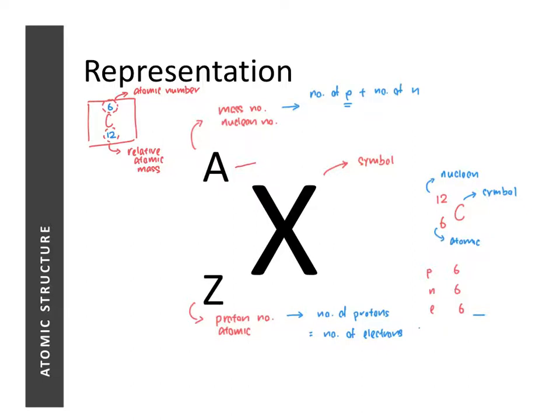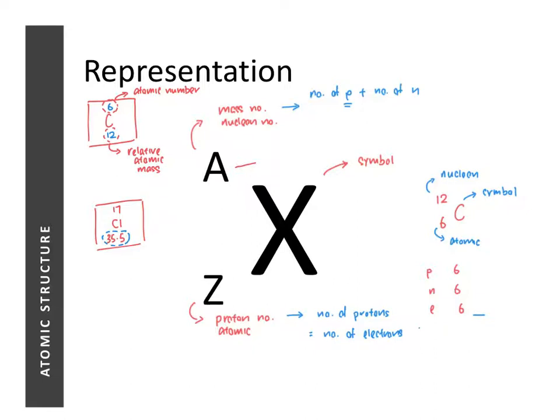Why do I say that? Now let's look at this particular example of chlorine. If you look at the periodic table, you will see something like this. If you look at the bottom number, 35.5, and you treat this as the mass number, the nucleon number, it wouldn't make any sense, because that means that you have half a neutron. How is that possible?